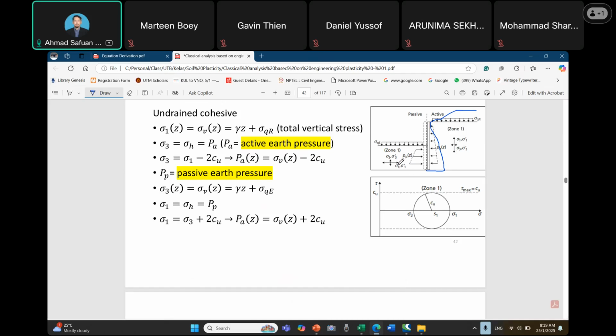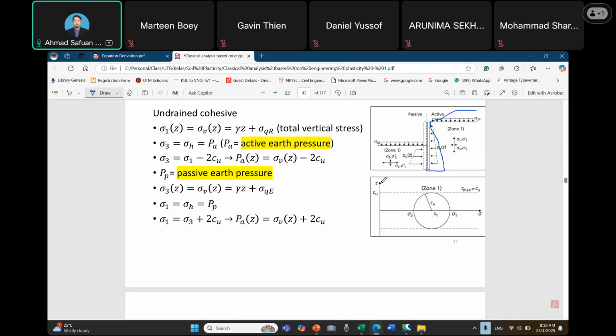For the passive, since the movement of the wall is towards the soil, sigma 1 is the major and it is in the horizontal direction, while sigma 3 is the minor and it is in the vertical direction. So this is sigma 3 and sigma 1.